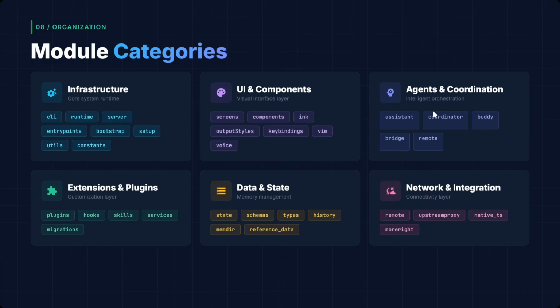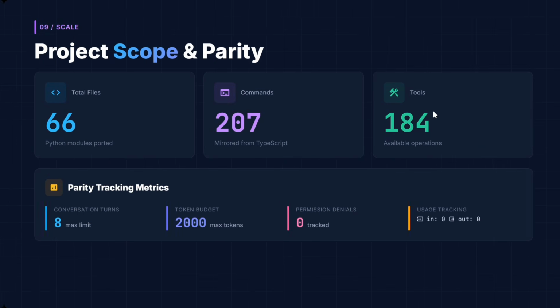UI components has screens, component, ink, output style, key binding, etc. Agents and coordination: assistant, coordinator, buddy, bridge, remote. Then extensions and plugins, data and state, and network and integration. So these are the broader six major categories under which the modules can be divided.